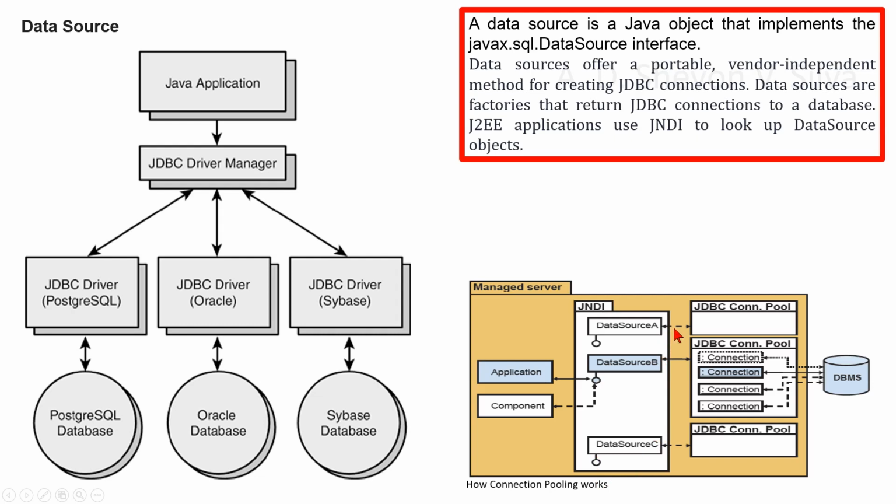Data source A, B, and C each interact with their own JDBC connection pool, connections are inside the JDBC connection pool, and connections interact with the DBMS.